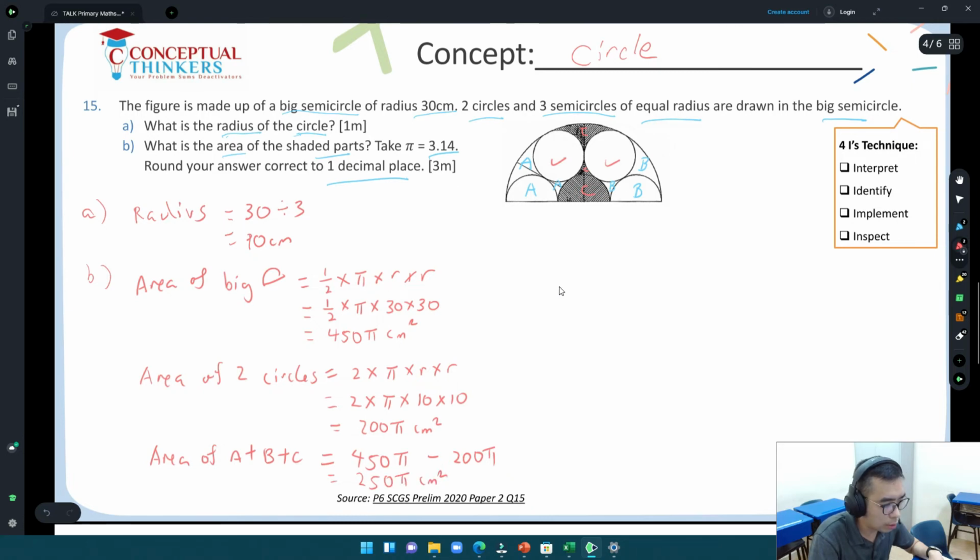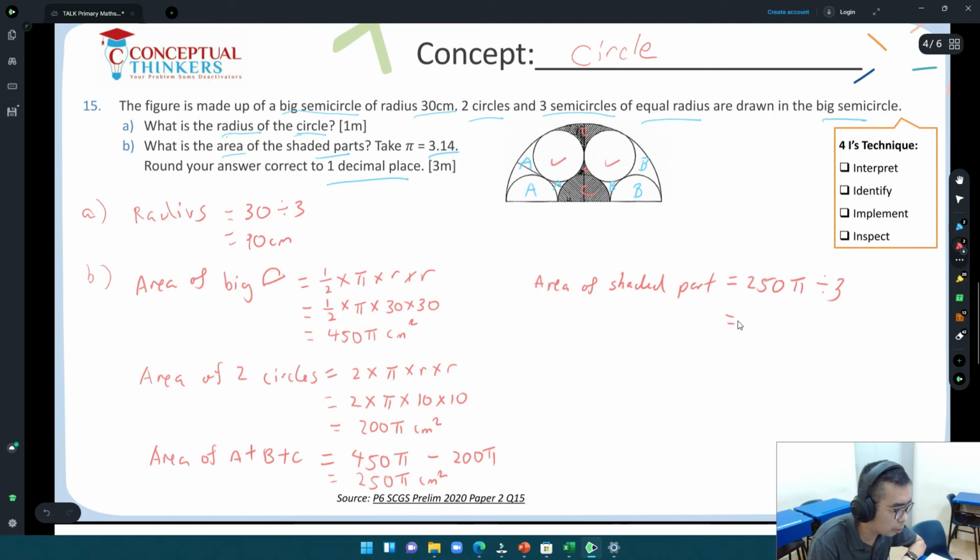Now, to get the area of the shaded part, we just need to take our 250 pi and divide by 3. The reason is that A is equal to B is equal to C. Here I will key in the calculation, using 3.14 for my pi.